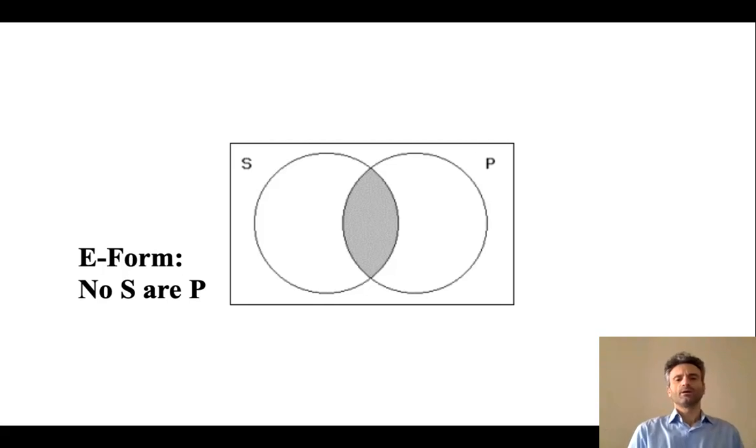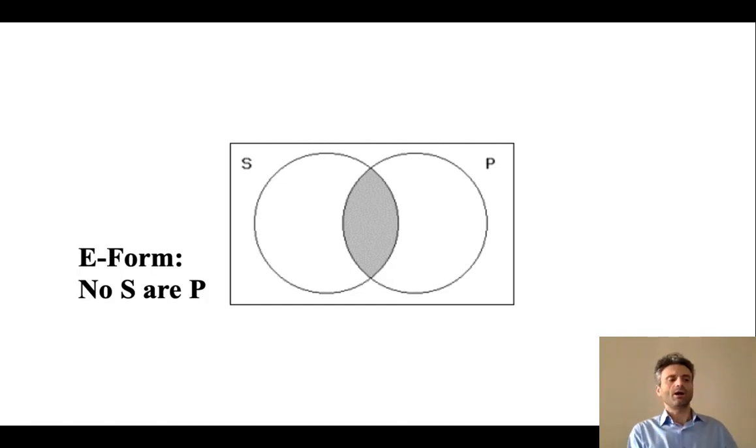The next form is the E form, as you notice, I shaded area 2 completely. Area 2 is the overlapping area, where the two classes, when overlapped, share some members. But by shading it completely, I mean that no blonde people are beautiful things. By doing this, I completely isolate the two classes.